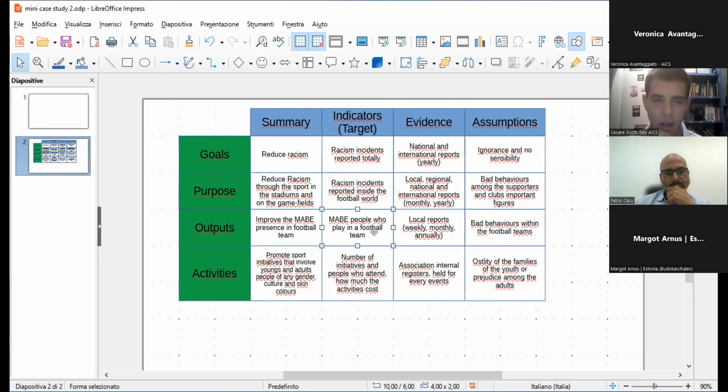So then we have the purpose, so I wrote reduce racism through the sport.